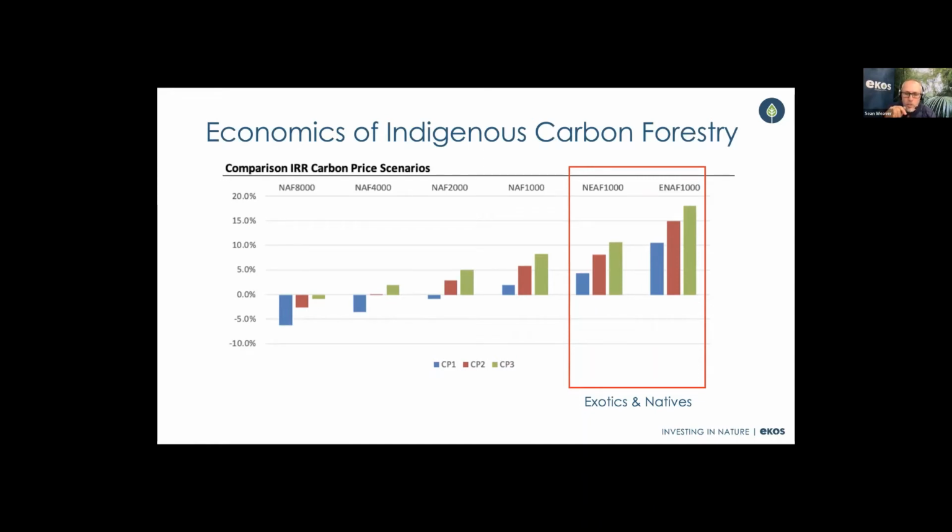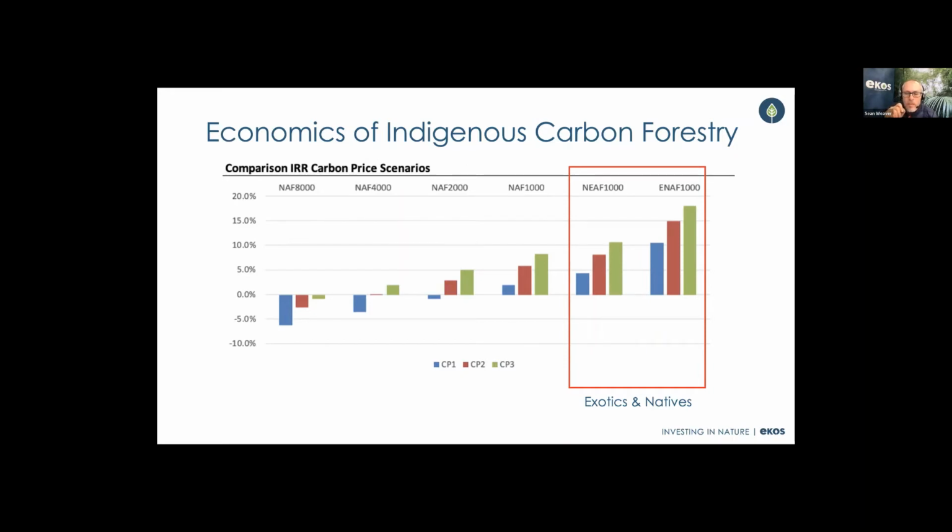So the blue is starting at today's carbon price of, say, this year of, say, $78.40, and then rising at $1.50 a year every year across a 50-year period. CP2 is again starting at this year's carbon price, but rising at $4.75 every year across a 50-year cash flow. That's in addition to inflation.